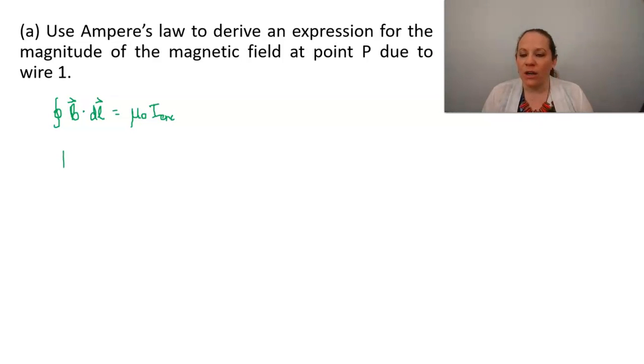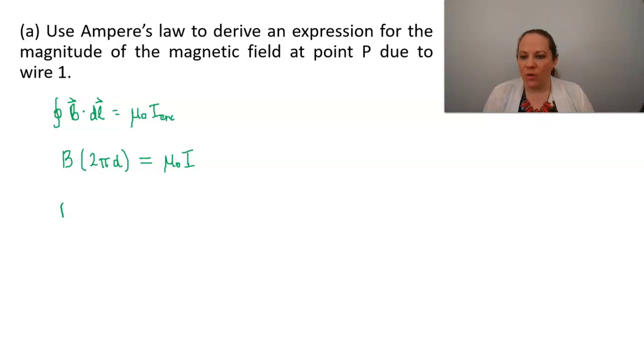For this wire, we're going to remember that we can simply take an Amperian loop that is the circumference of a circle around the wire, and its circumference will be 2 pi times d, where d is the radius in this case, because d was the distance between point P and the wire, and that will be equal to mu naught times I, the current in wire 1.